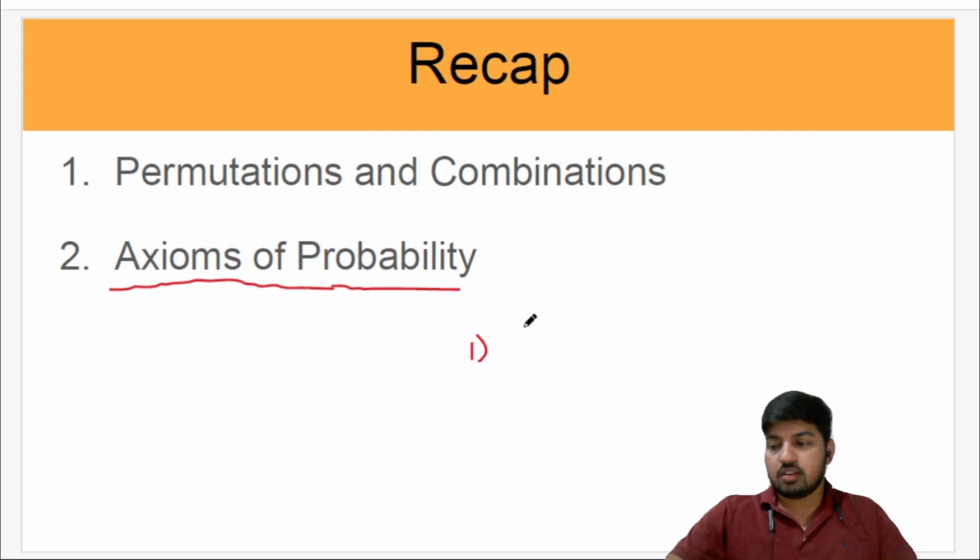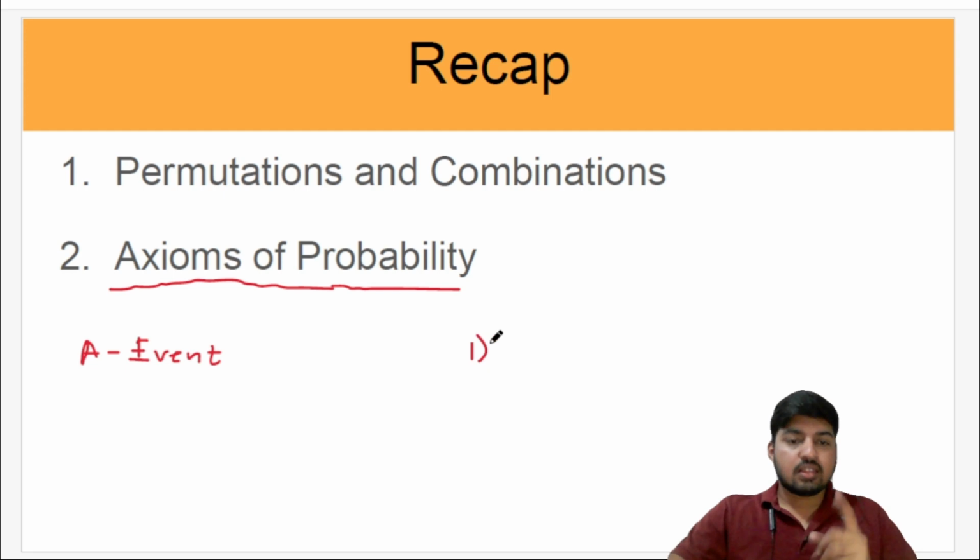I will put it in clearer words. Suppose I define that A is my event, any event. The probability of that event cannot be less than 0 and cannot be greater than 1. It will always be between 0 and 1.